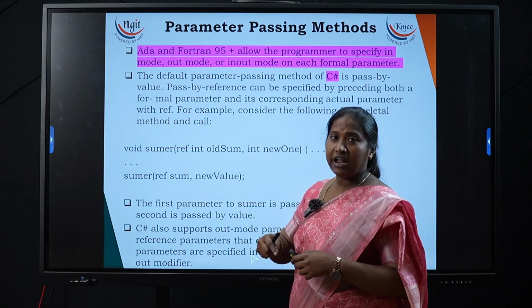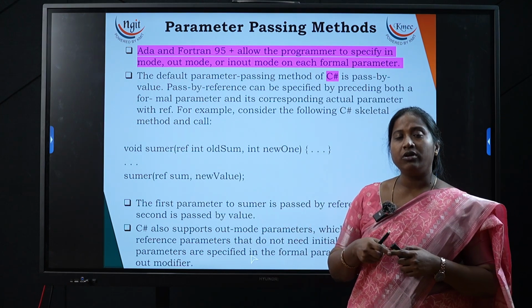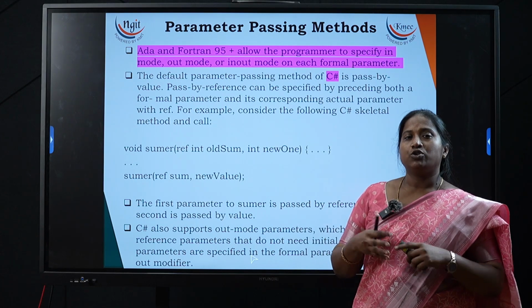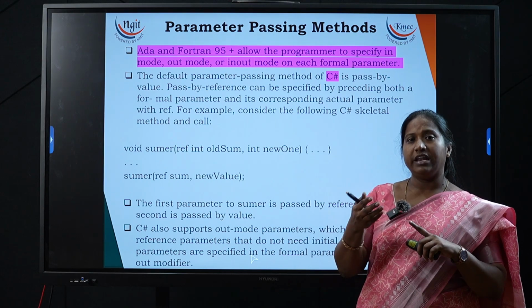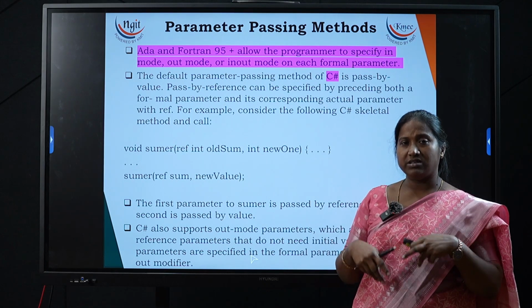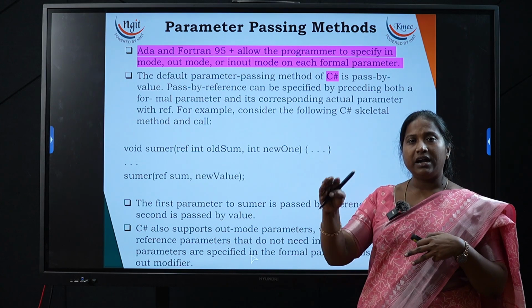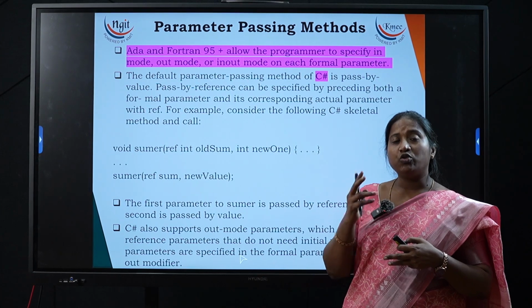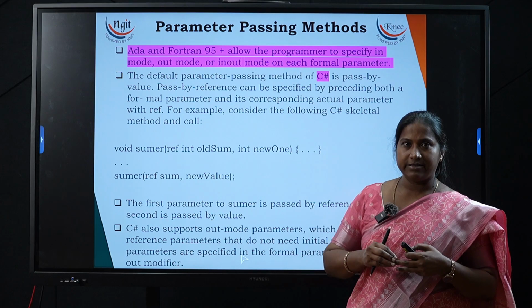Ada and Fortran 95, which are contemporary programming languages, support all 5 categories of parameter passing methods. So pass by value, reference, value result, name, all these 5 that we discussed in the last video and this video will be supported in Ada and Fortran 95. And you can say without doubt that there are 2 programming languages which support all 5 categories.